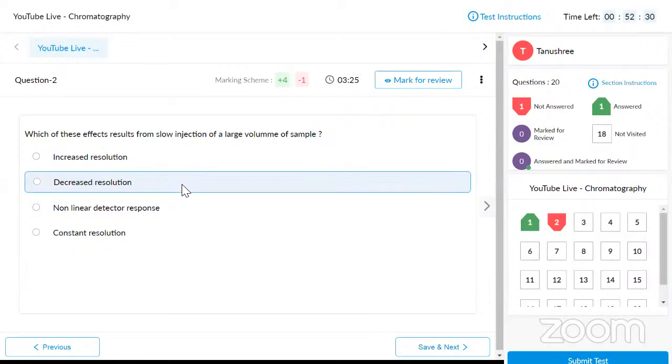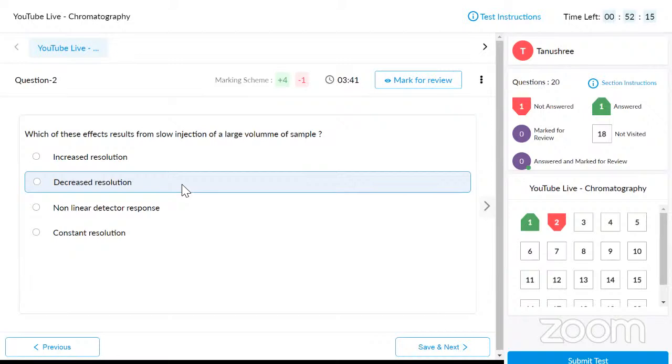Constant resolution is also not the case. Why? Because if an initial analysis has been done on the same analyte, maybe that analysis was done in a good way, the analyst was good, and the resolution achieved was very good, and you get a very sharp peak.